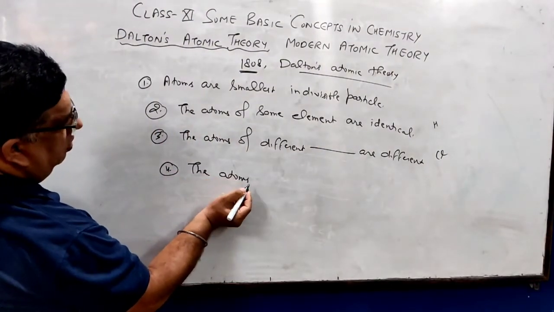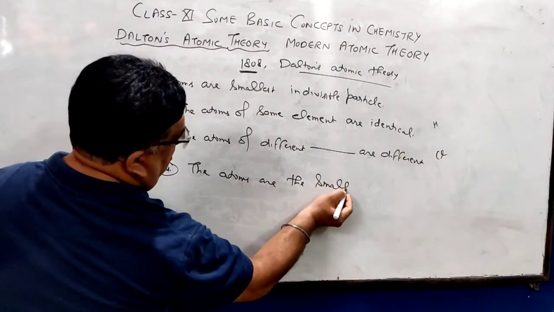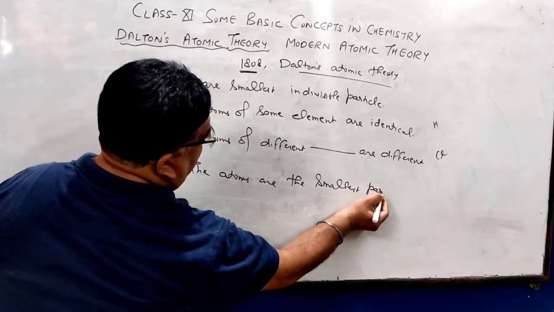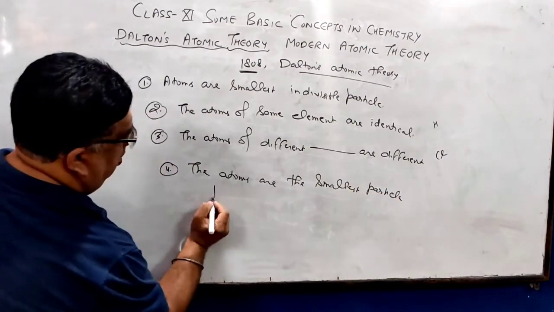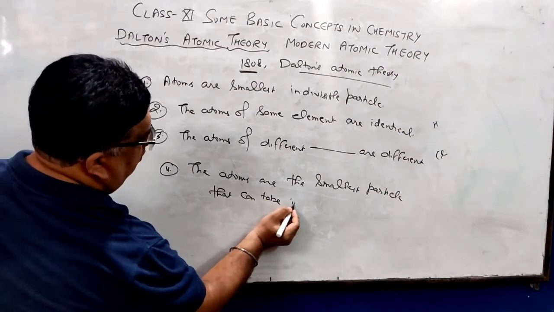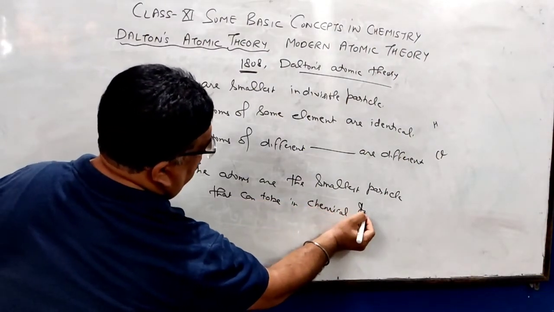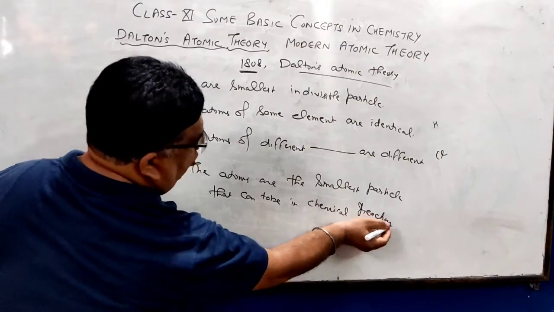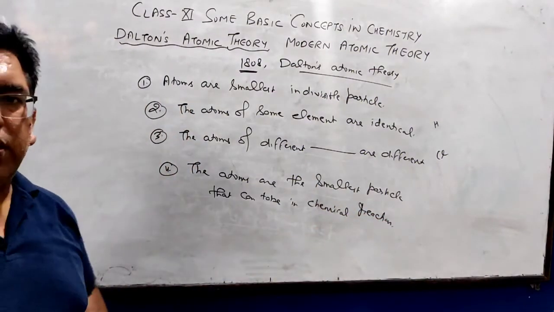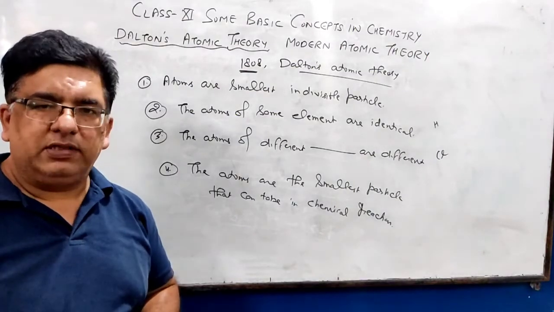Next point: the atom is the smallest particle that can take part in a chemical reaction. We know that in chemical reactions, reactants are used, and reactants may be any element, compound or gas.